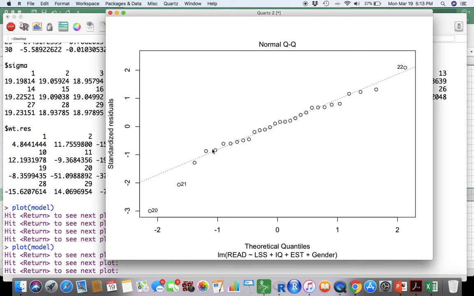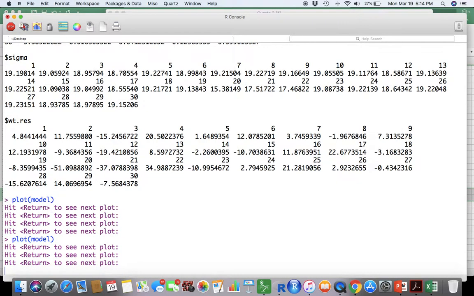And you can see it passes through -1, -1 and 0, 0. The less deviation from that line indicates that we are satisfying normality. Now, if we get something that has a lot of movement away from the line, then normality could be an issue with one of the predictors. But I don't see anything here that causes any problems.